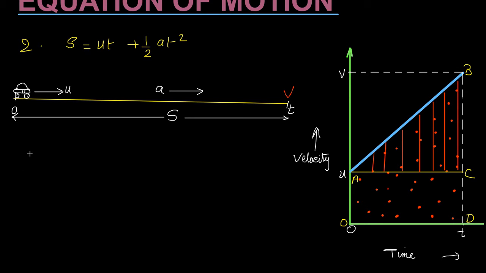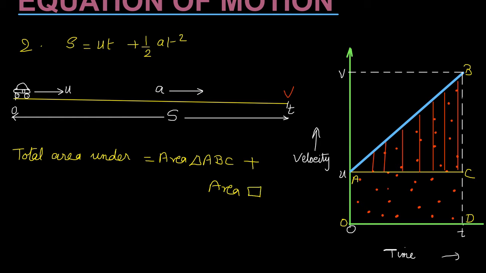So what about the total area under the graph? The total area under the graph is the summation of the area of triangle ABC plus the area of rectangle ACDO.